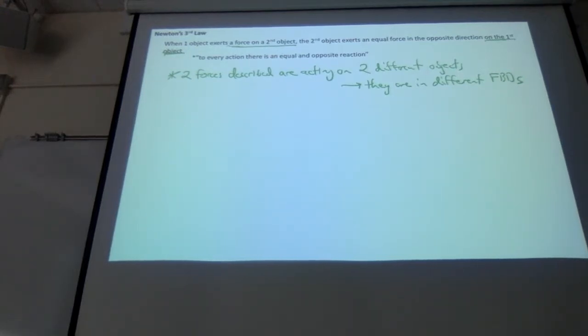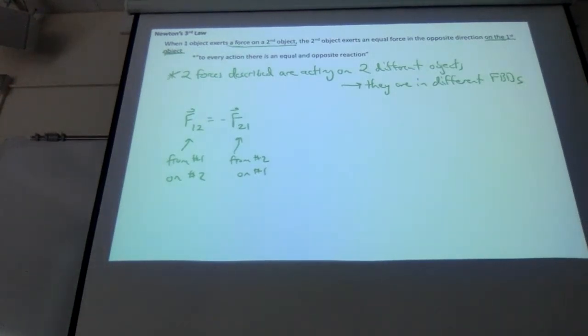The only thing I can add to this right now is just mathematically what this looks like. So we could say if I have the force, we'll say from number 1 on number 2, it's equal to negative the force from number 2 on number 1.